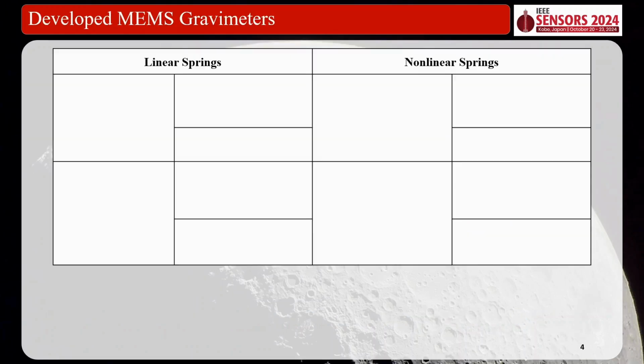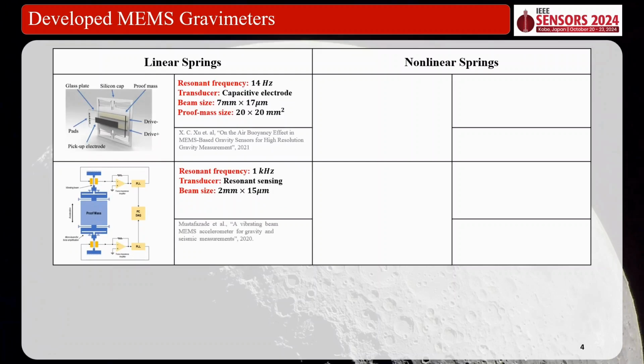Regarding the developed MEMS gravimeters, we can categorize them into two types, linear springs and nonlinear springs. The linear springs, as you can see here, have a high length and a narrow width, so the ratio is very high. You can also see that they use a large proof mass to get to 1G and detect the signals.